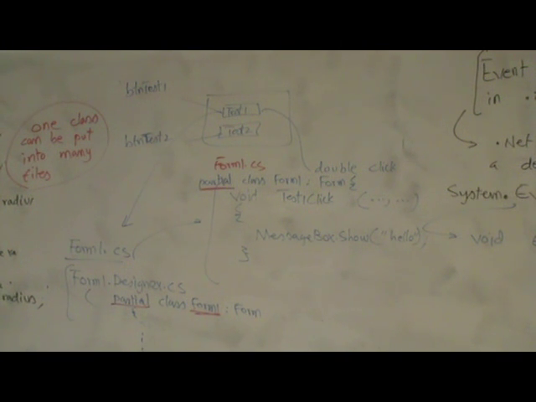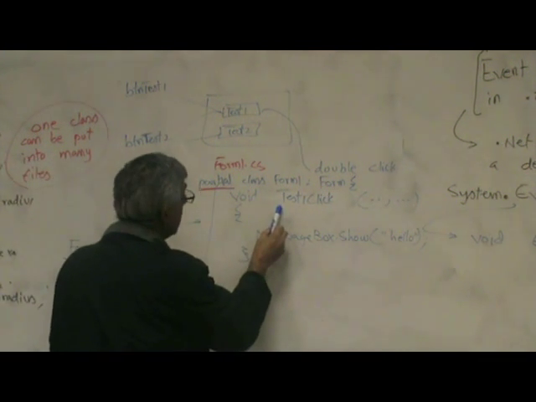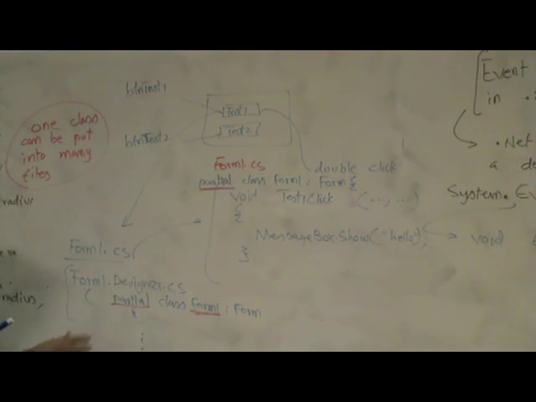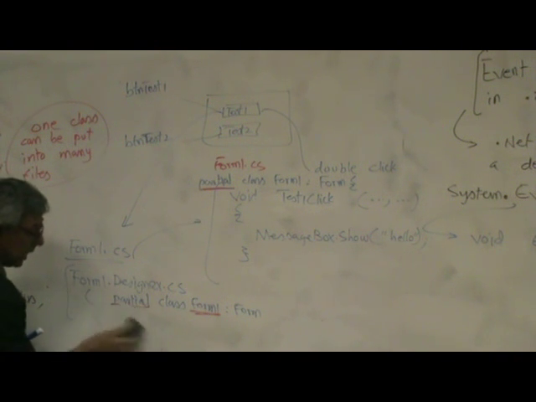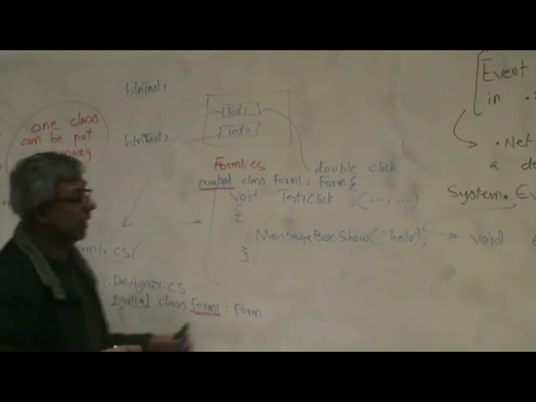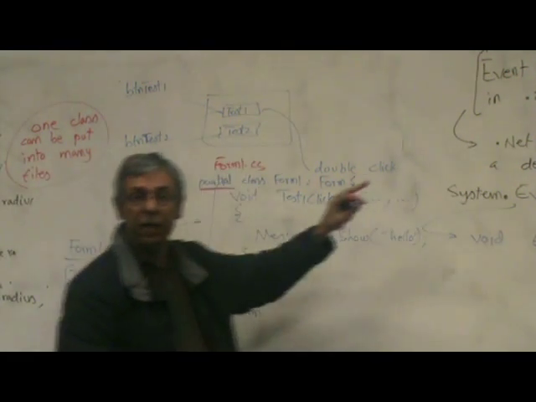Okay, so anyway, now let's pretend you double-clicked on this. What Visual Studio will do is we will go to the form1.designer.cs, and somewhere over here it will create this delegate, the system.event handler.